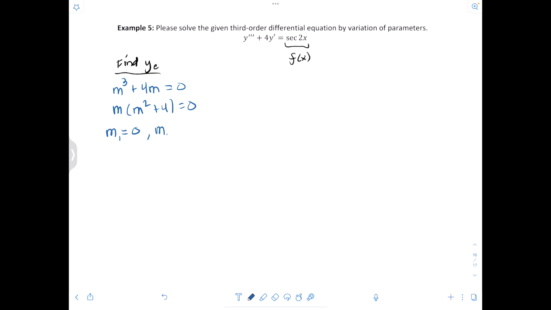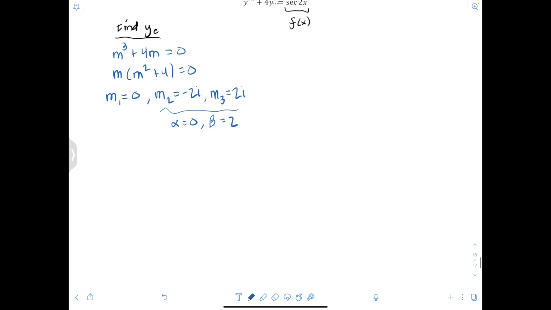And then m2, this will be complex, so we'll get negative 2i. And m3 is positive 2i. So for these, our alpha is 0, e to the 0x, so we don't have that exponential term. And then beta is 2, the coefficient of the angle. So our yc will be c1 e to the 0x, from m1, plus c2 cosine of 2x plus c3 sine of 2x.